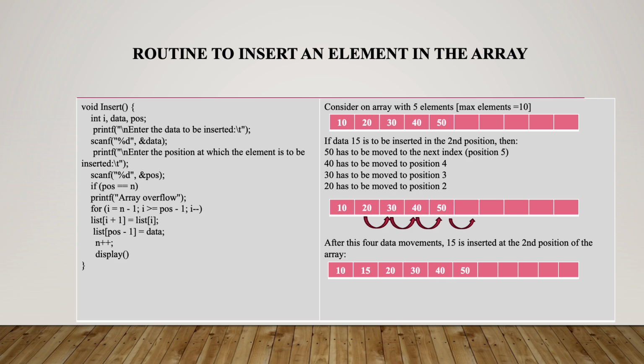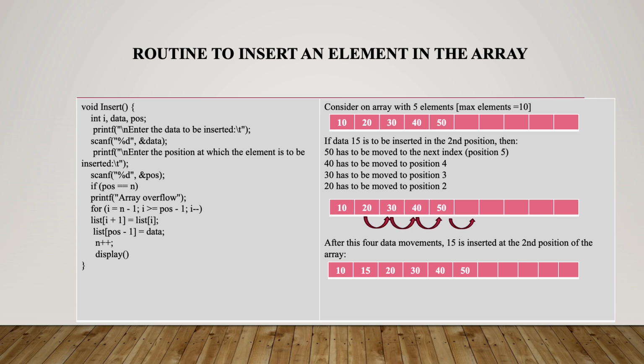For example, you can see here, suppose we have an array with 5 elements and we want to insert the value 15 into the second position. In that case, as I said earlier, the existing elements need to move to make space.